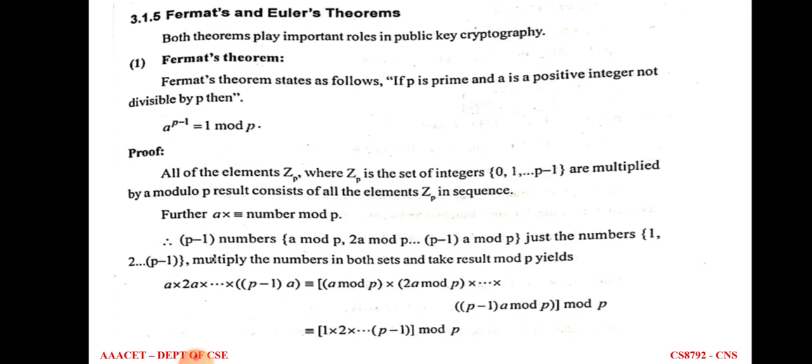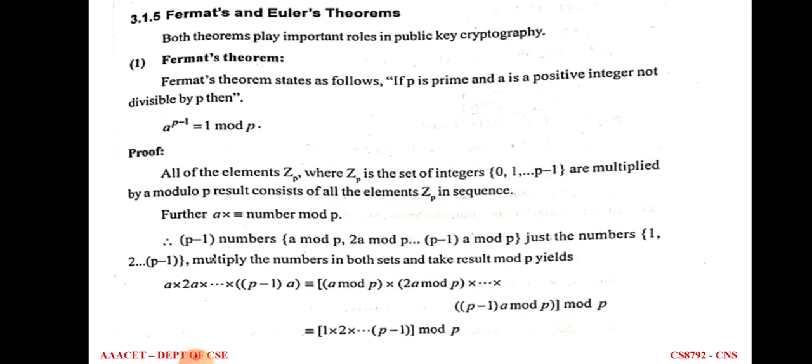On the left hand side, we write the set of integers in Zp multiplied by a. So it can be written as a into 2a into up to (p minus 1)a. On the right hand side, the same Zp set of integers, but multiplied with the modular arithmetic operation and the a value.